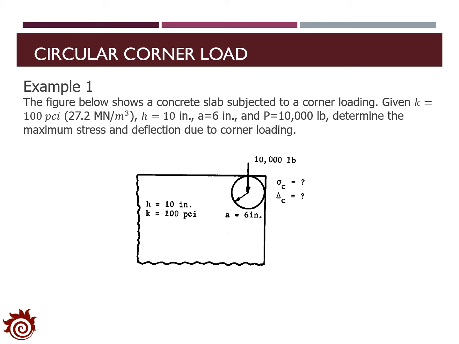In addition, for the concrete slab, we have the modulus of elasticity as 4 times 10 to the power 6 psi, and the Poisson's ratio as 0.15. And we want to find out the maximum stress and deflection due to the corner loading based on the two types of equations that we proposed in the previous page.